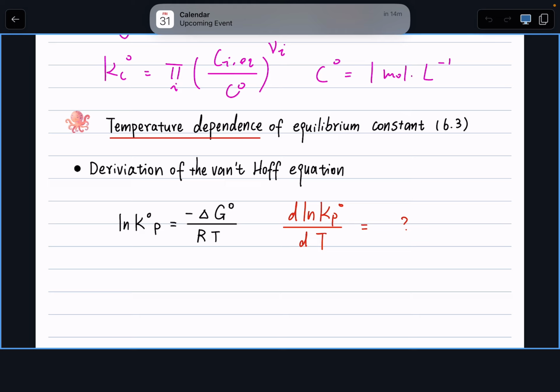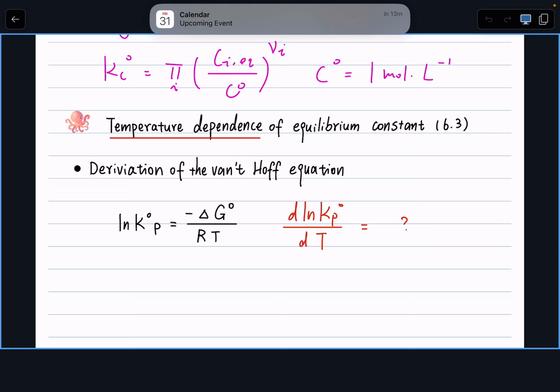All right. And then taking this back here, what do we have? We have my negative, and this term becomes negative delta S naught of the reaction.